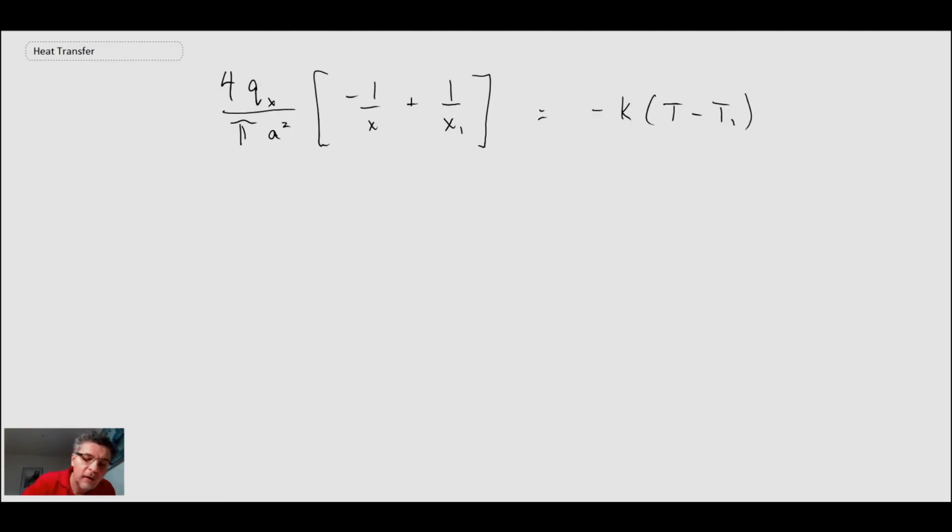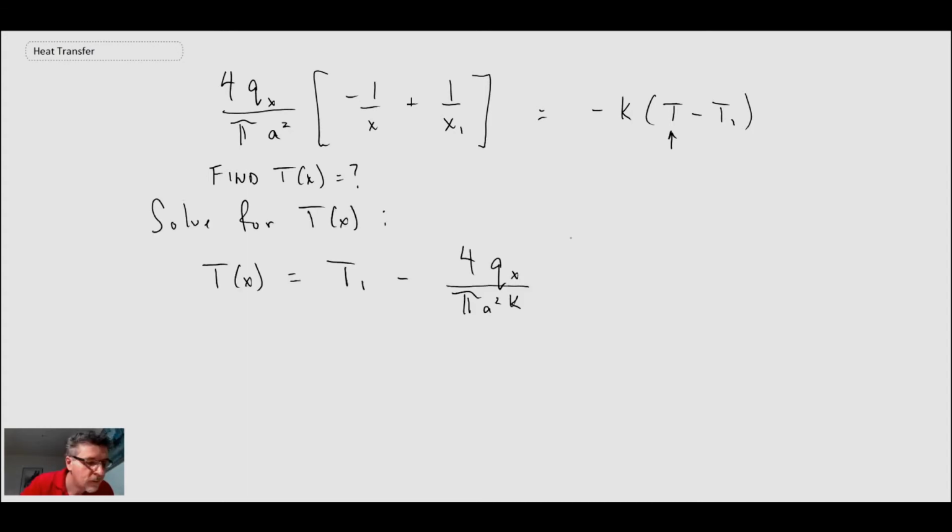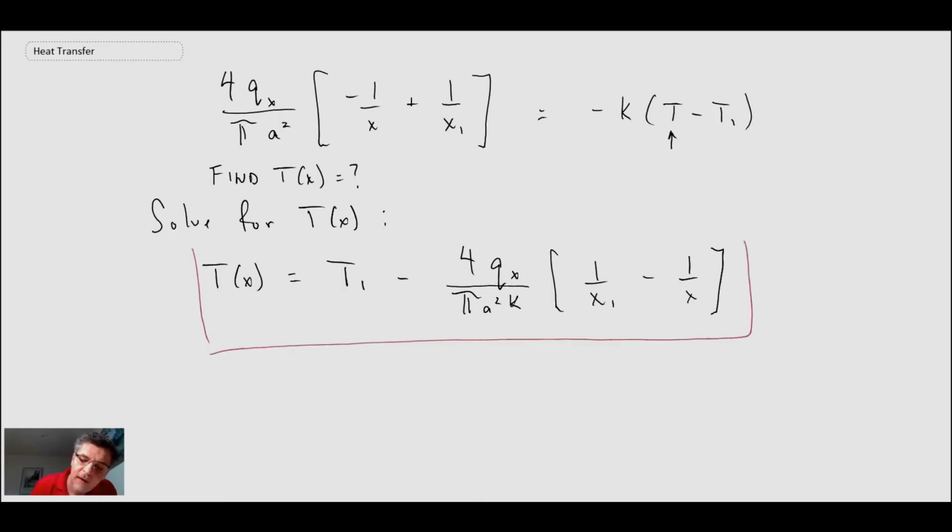And recall the first thing that we're after is we want to be able to find T of x. So we have T of x in this equation here. Let's isolate for it. So we get that, and that gives us an equation for T of x, which was one of the things we were after.